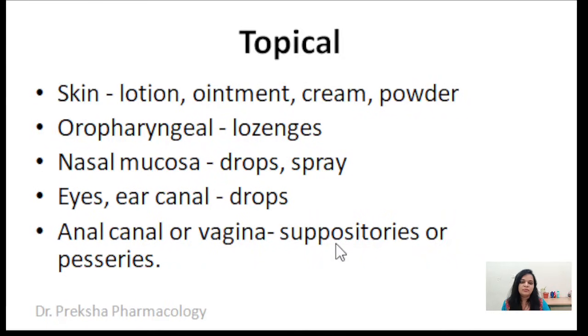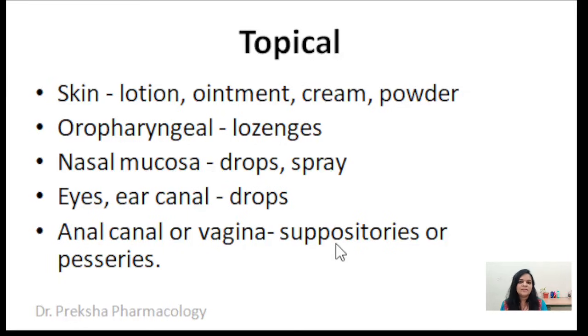So first we will begin with the topical route. So lotion, ointment, cream, powder. These you can apply locally over the skin to exert its local effect. Then lozenges, that is given for the oropharyngeal action, for example in pharyngitis.